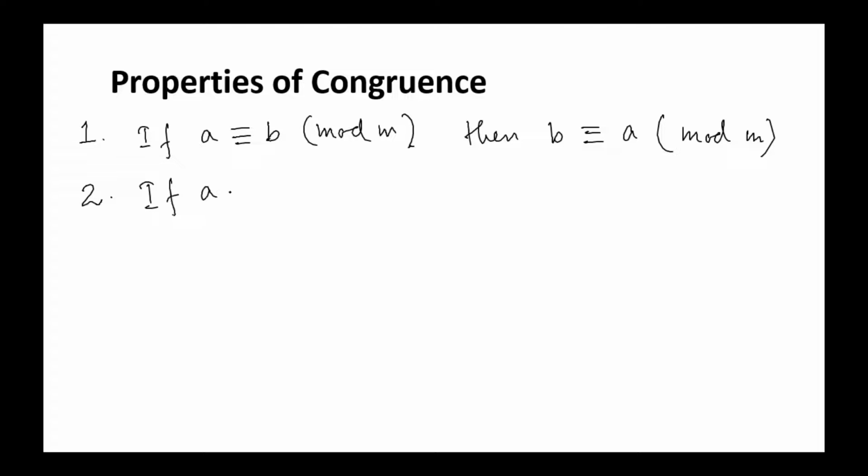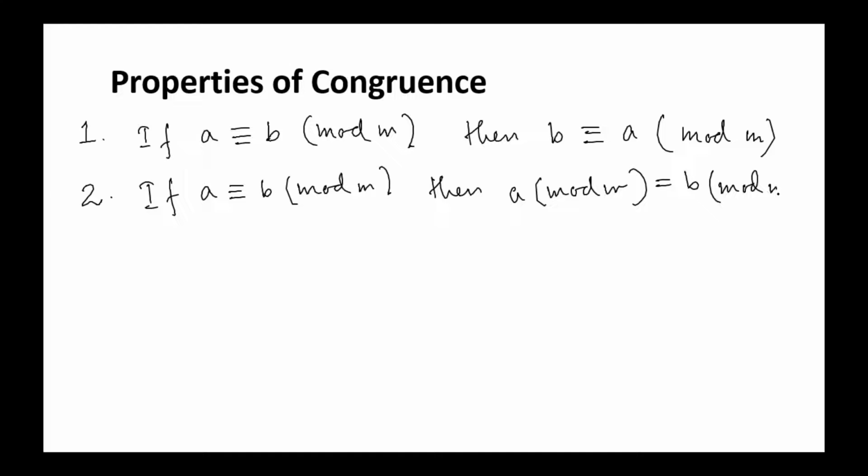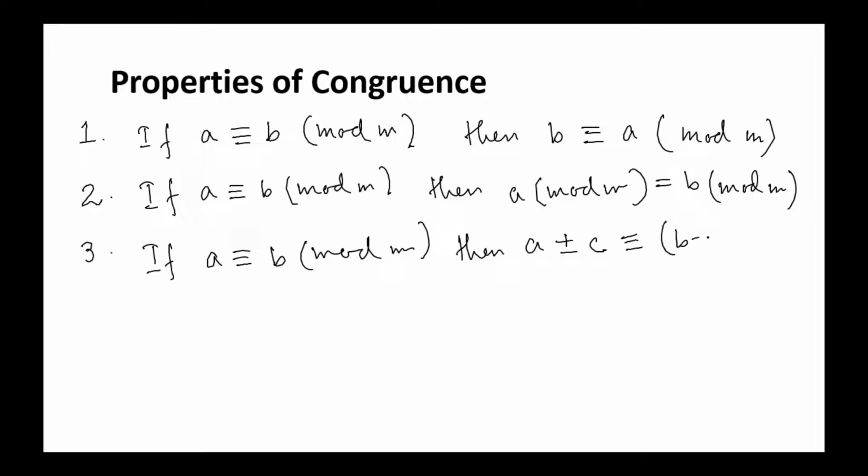If a is congruent to b modulo m, then a modulo m equals b modulo m. Property 3. If a is congruent to b modulo m, then a plus or minus c is congruent to b plus or minus c modulo m.